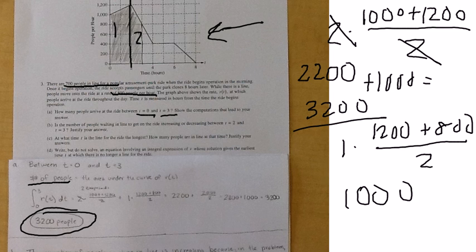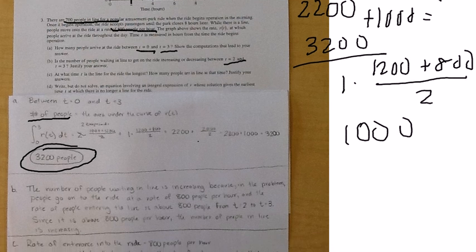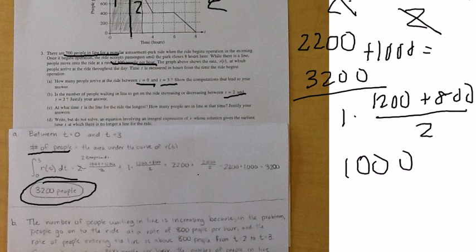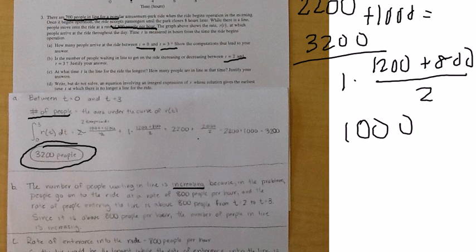Alright, for B, we have to find out if the number of people in the line is increasing from T2 to T3. So we know that the line is increasing because, here's the reason.